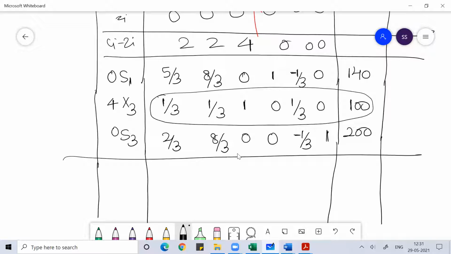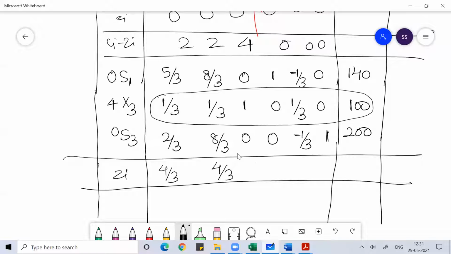Find this value. Once you are done with this, find Zj. Zj is 4 by 3, 4 by 3, then 4, then 0, then 4 by 3, then 0.